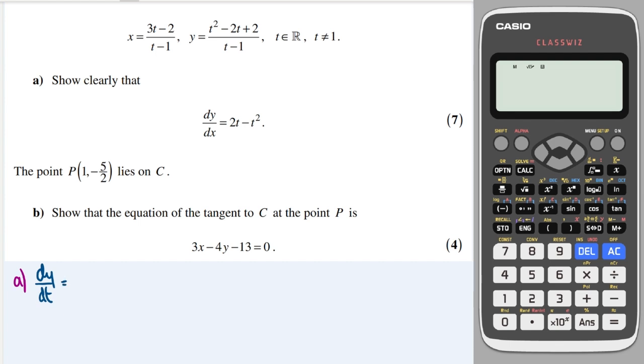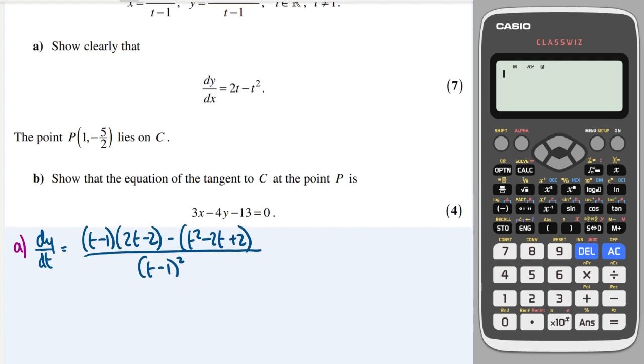So I'll set it up with obviously u being the top and v being the bottom, and we start by saying v multiplied by du, which is the top, differentiated, minus u, which is just the top, multiplied by dv, which is the bottom differentiated, which is just 1, so I won't need to multiply it through there. And that's all over v squared, which is the bottom squared.